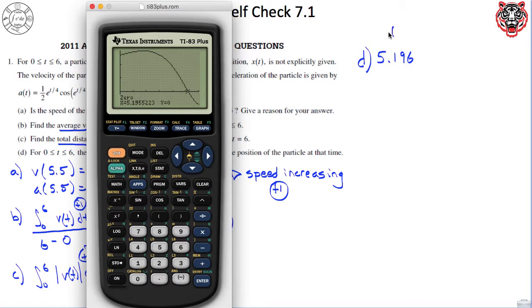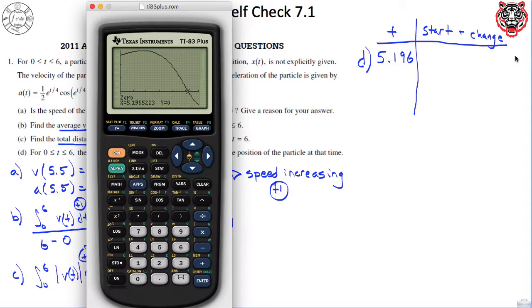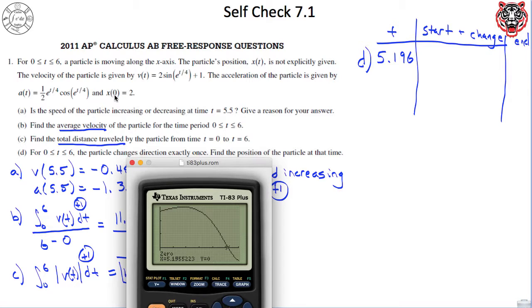So what I can do is set up a table that says time, and then this is going to be start plus change, and that will equal the end. So what is the position that we started at? It says x equals, at time 0, you're at position 2, so the start is 2.